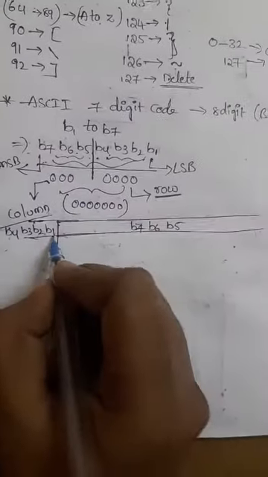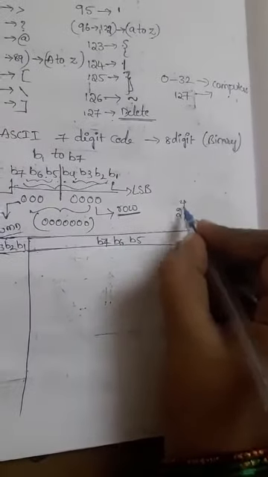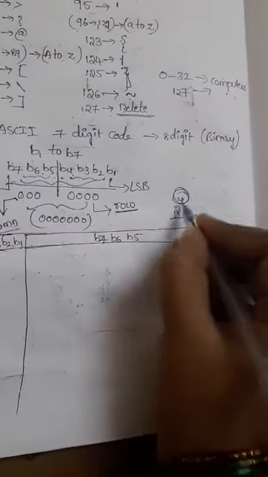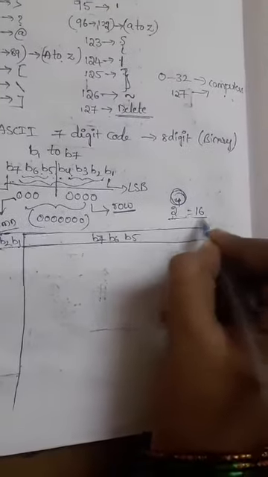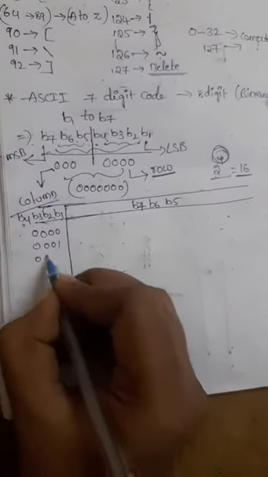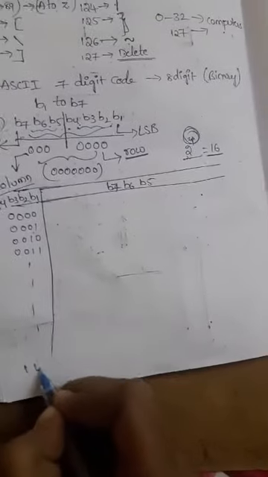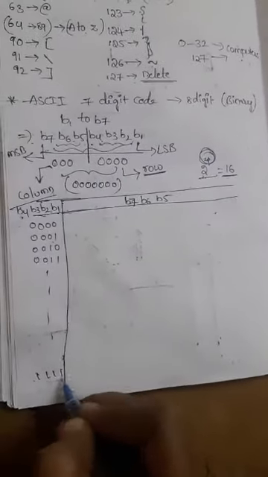So we know, right, if a binary number has a 4-digit code, how many possibilities do we have in total? 2 power 4 is nothing but 16 combinations. So that means 0 0 0 0, 0 0 0 1, 0 0 1 0, 0 0 1 1, like that up to 15, that is 1 1 1 1.